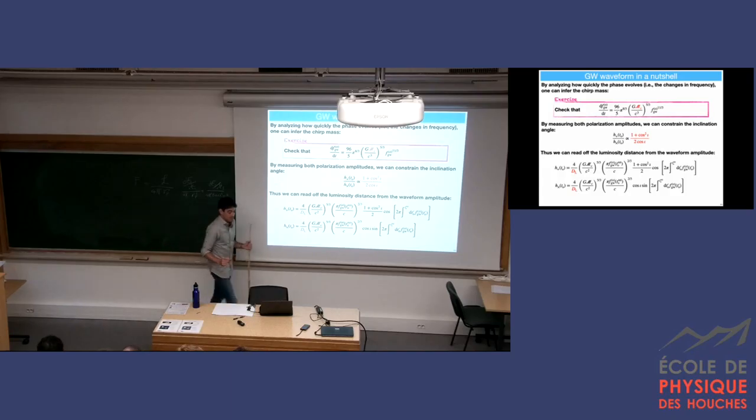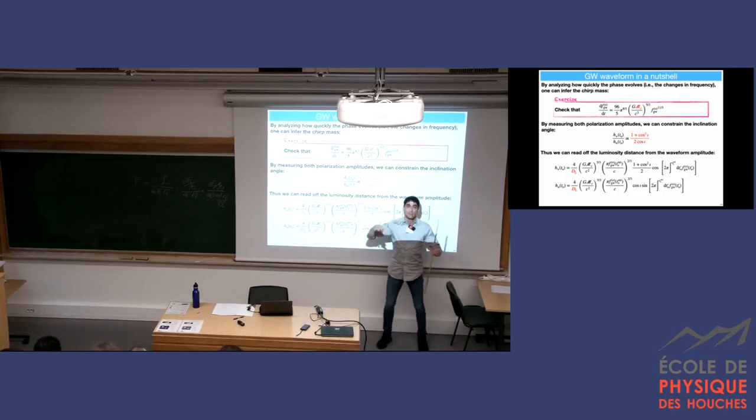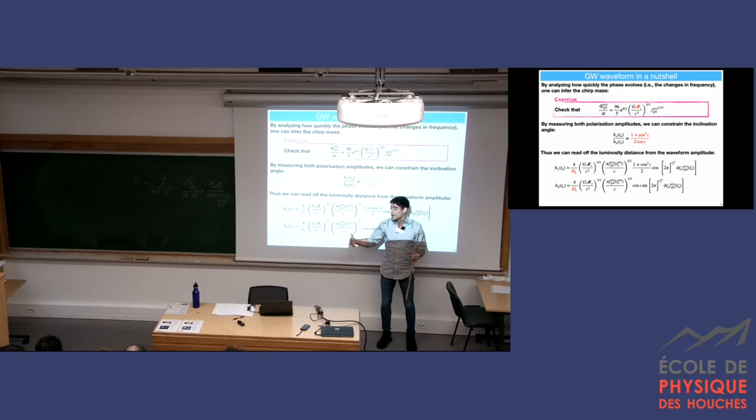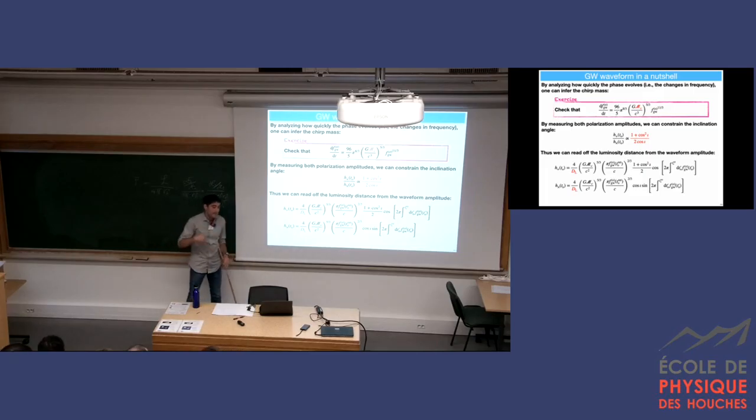Now, what is the point of standard sirens? The point is that by looking at the phase evolution, for a gravitational wave, we have the polarization expressed as an amplitude and a phase. By analyzing how quickly the phase evolves, this gives us information about the evolution of the frequency as a function of time.